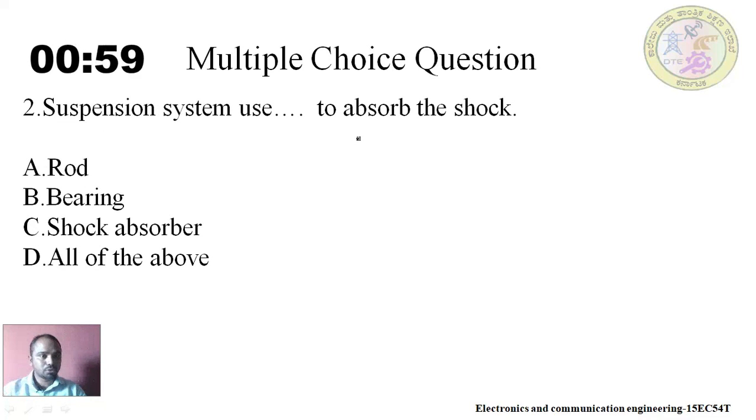Question number 2. Suspension system uses dash to absorb the shock. Options: rod, bearing, shock absorber, or all of the above. Please try to think over it. This concept we have discussed in the previous slides.